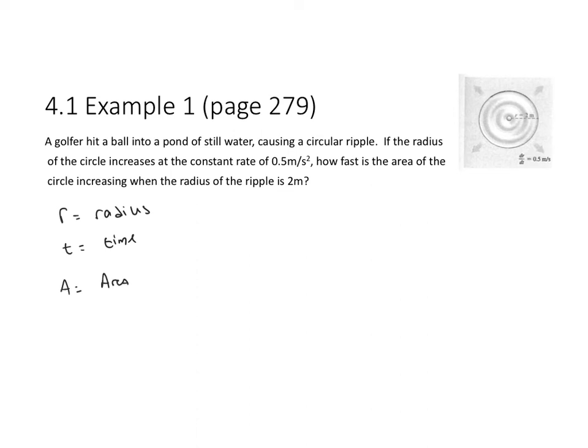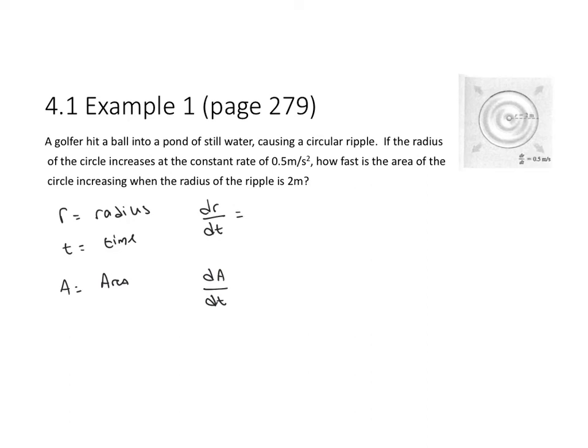Now the question's asking us to look at how things are changing over time. How fast is the area of the circle increasing when the radius is 2? So we're looking at our rate of change. So we're looking at dr/dt, and how fast the area is changing is dA/dt.